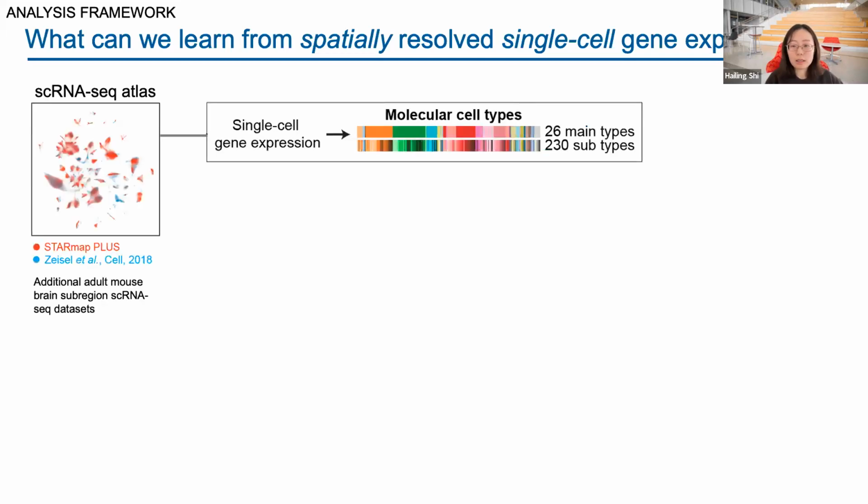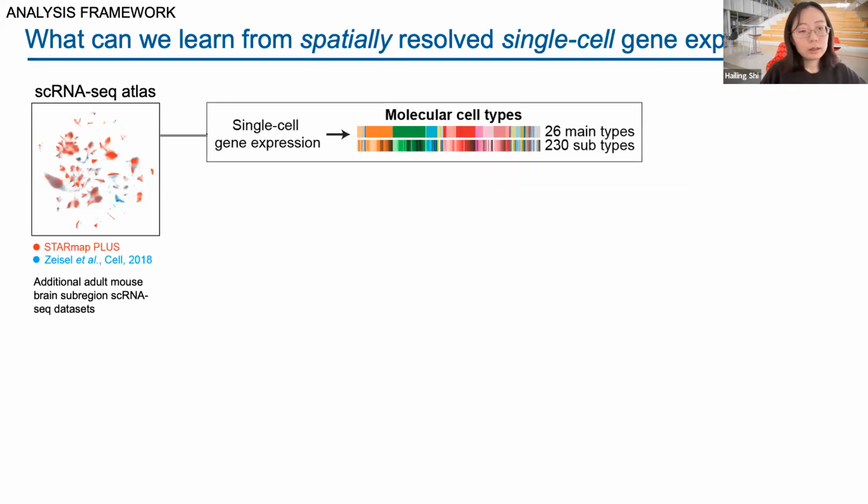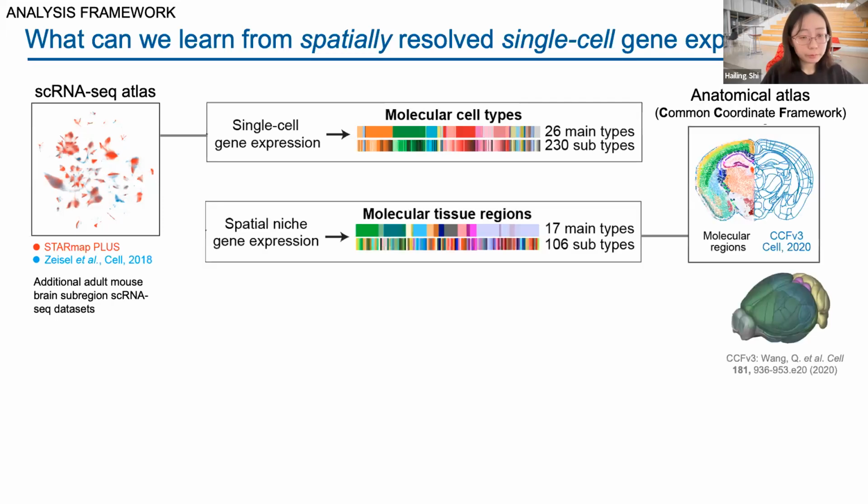In this analysis framework, we first identified molecular cell types by integrating with single cell gene expression datasets and validated with the nomenclature from orthogonal datasets such as the Allen Institute. Then we were able to plot those cell types back into their spatial coordinates to get spatial cell type maps.